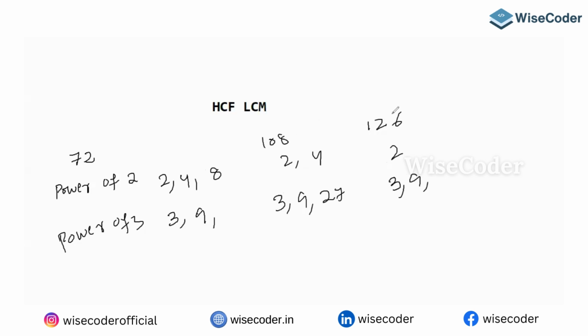In the previous one, what is the highest power here? 8. But is 8 common everywhere? No. So which one is common? 2 only.